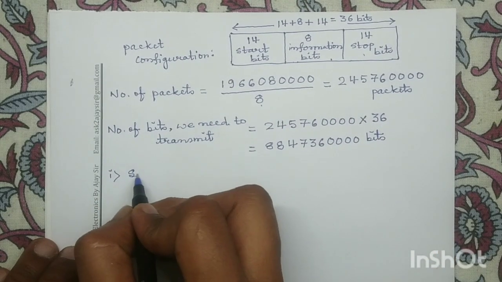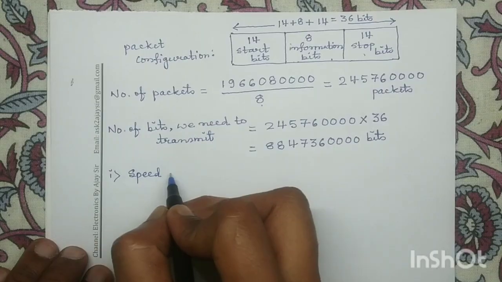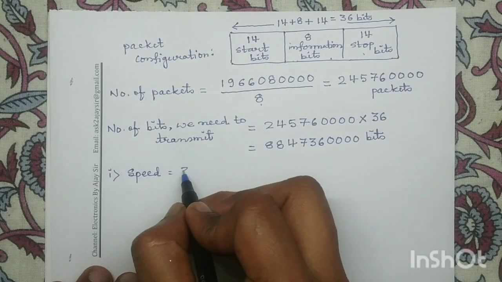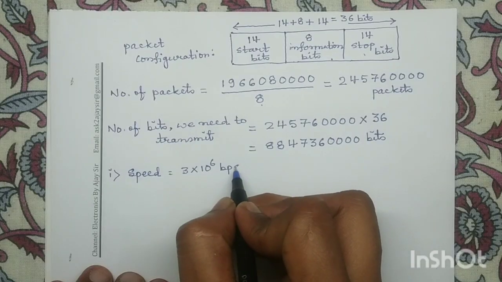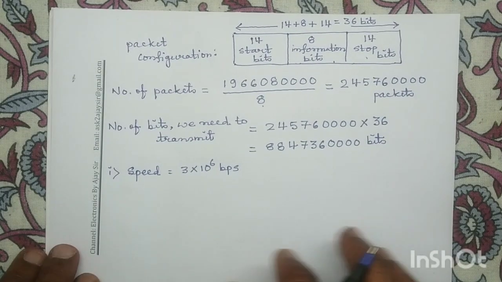So when my speed is 3 into 10 to the power 6 bits per second, we have to compute the transmission time.